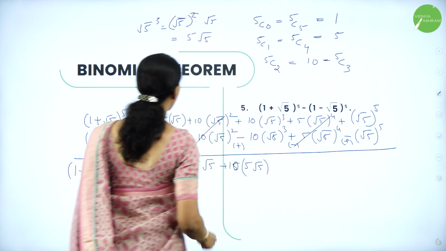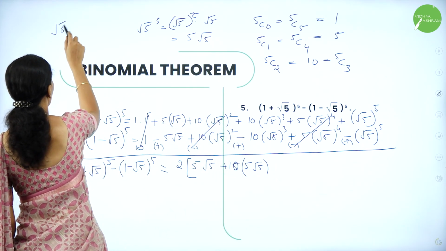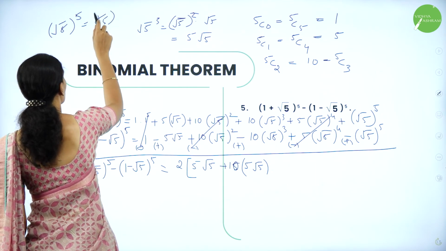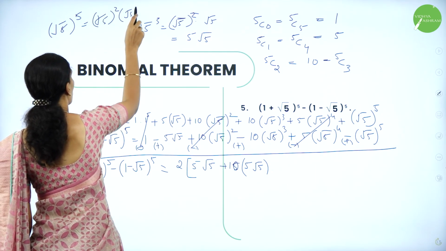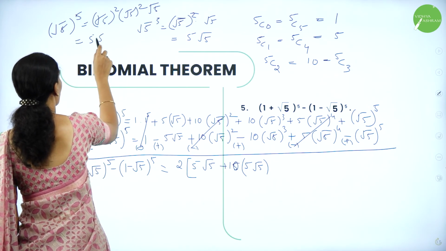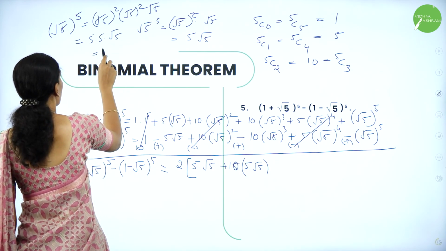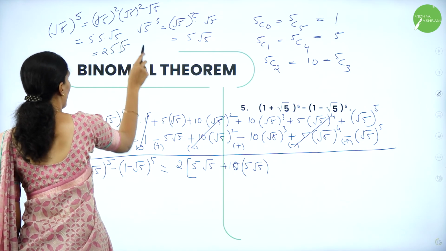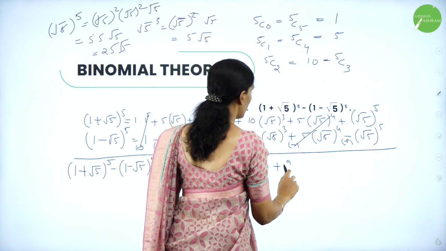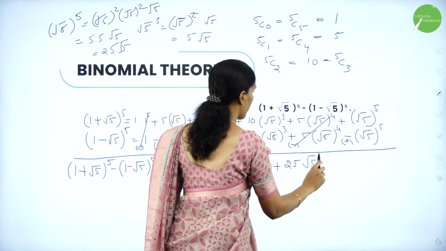Similarly, root 5 whole power 5 can be written as root 5 whole square, root 5 whole square into root 5. So this is nothing but 5 into 5 root 5, which is 25 root 5. So therefore, I'll write this as 25 root 5.